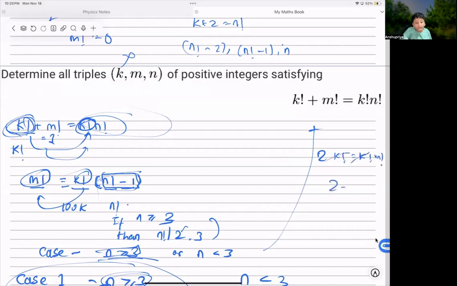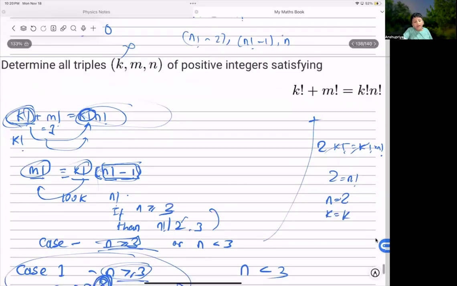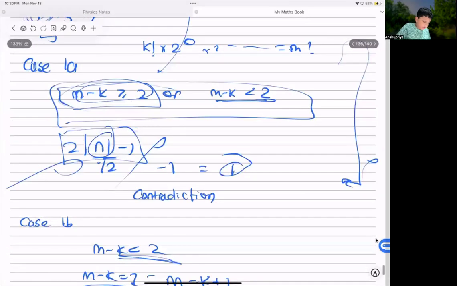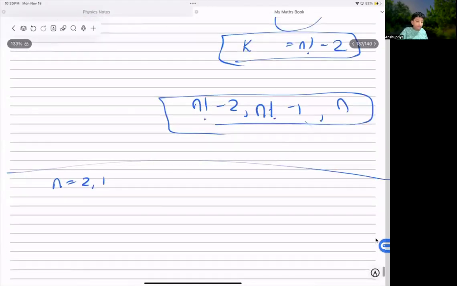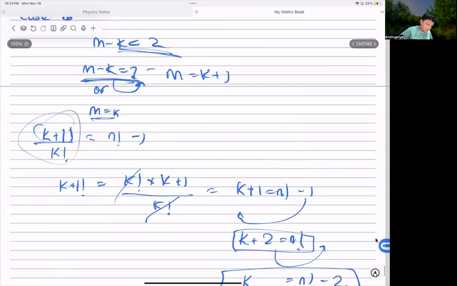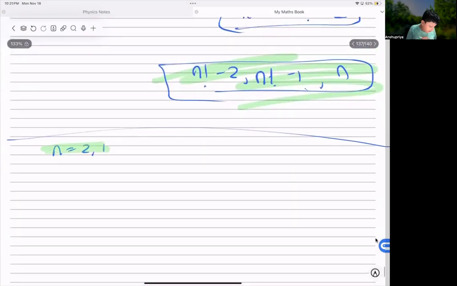Cancelling, we get 2 is equal to n factorial. So n is equal to 2, k is equal to k, and m is equal to k. So we're getting (k, k, 2). Now we have this case and this case. Understood, guys?